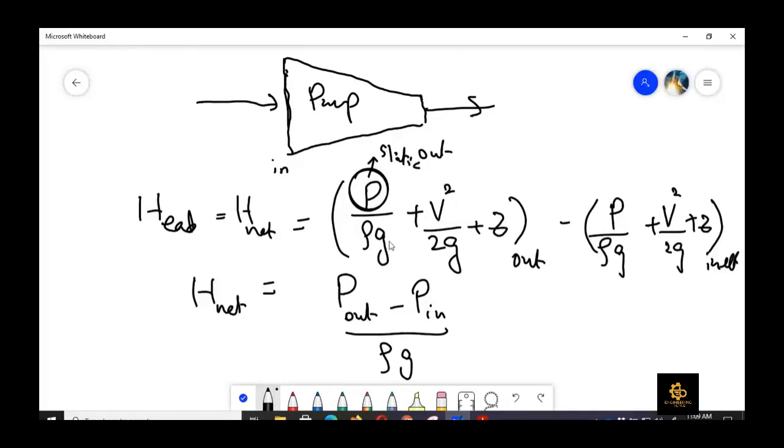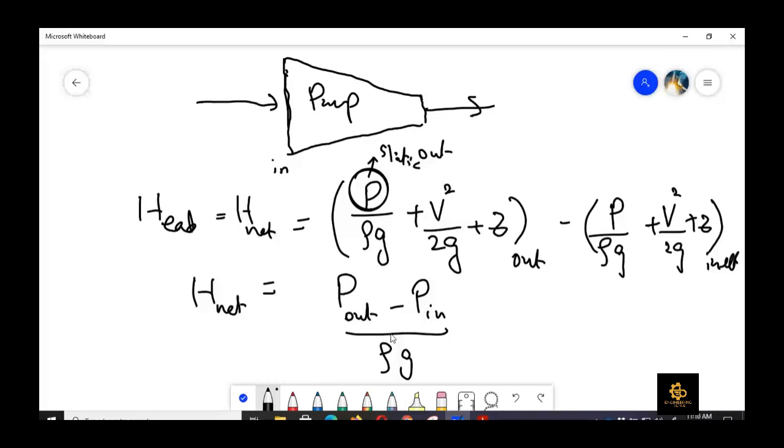We are taking it as an incompressible fluid, so rho will be the same at the inlet and outlet, and we can take it common. Usually the dynamic heads and elevation head are the same at inlet and outlet. So the only main difference is the increase in the static pressure head in the case of pumps. Basically, net head is simply the pressure rise across the pump expressed as a head.